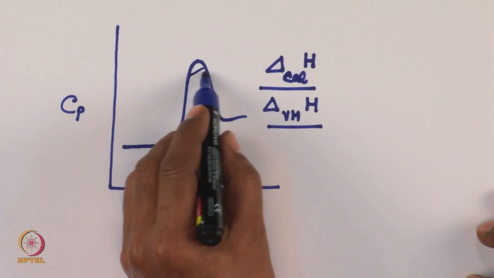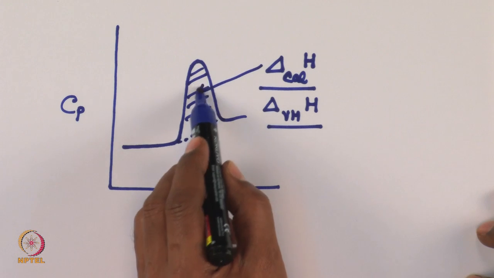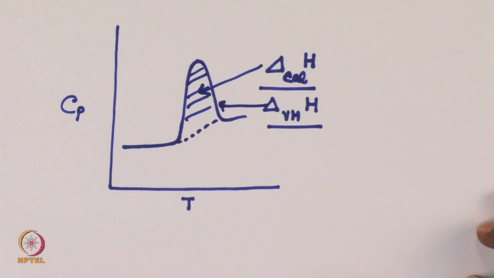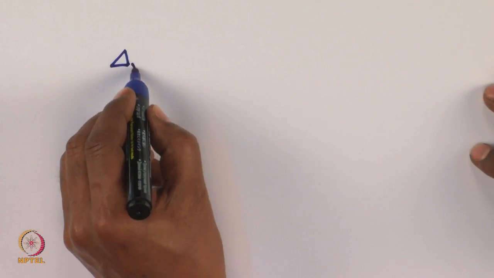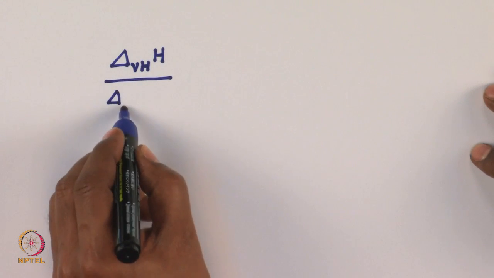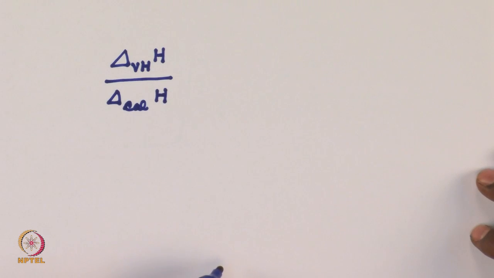Delta H calorimetry comes from the area under the curve, and delta Van Hoff comes from the shape of the transition. Now, this ratio of Van Hoff enthalpy to calorimetric enthalpy gives information about the mechanism of the folding unfolding process.